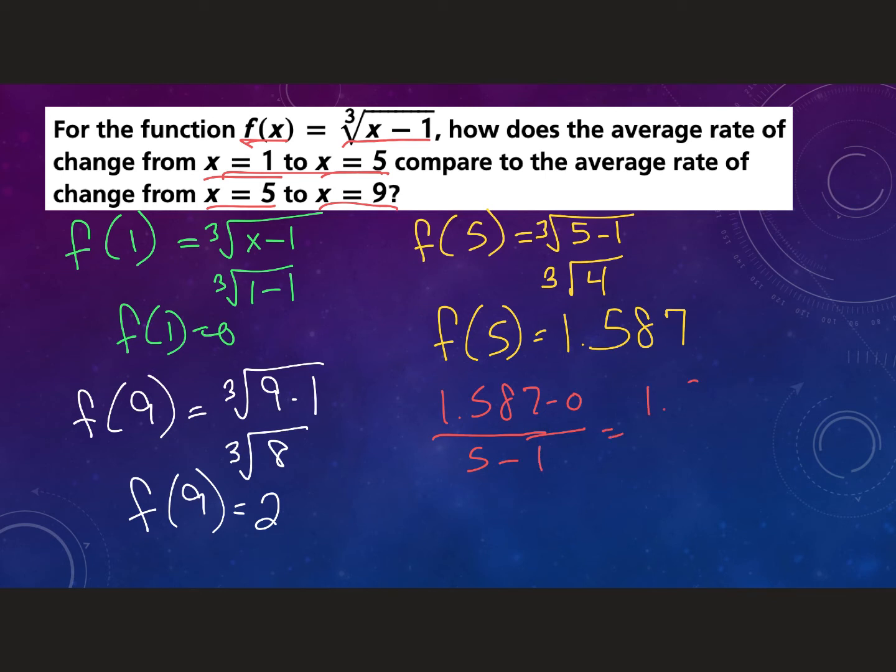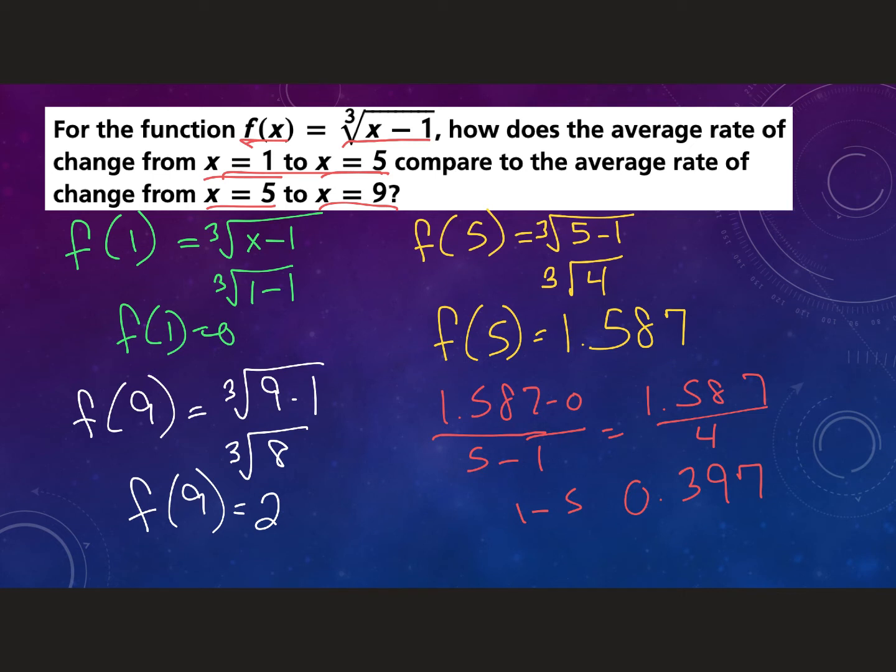So I have 1.587 divided by 4, which gives me 0.397. So that is between 1 and 5.